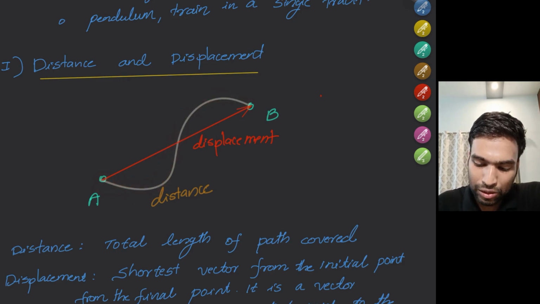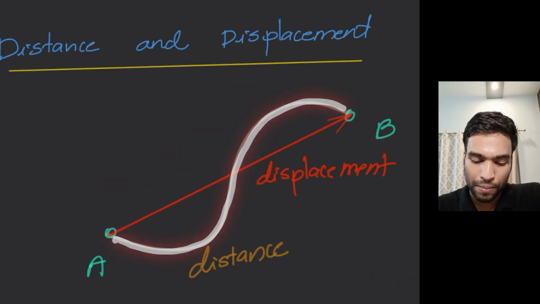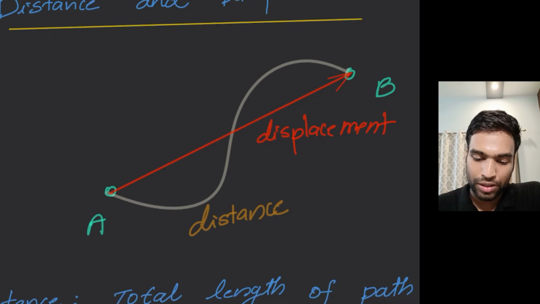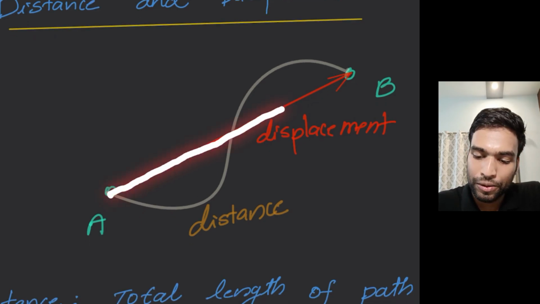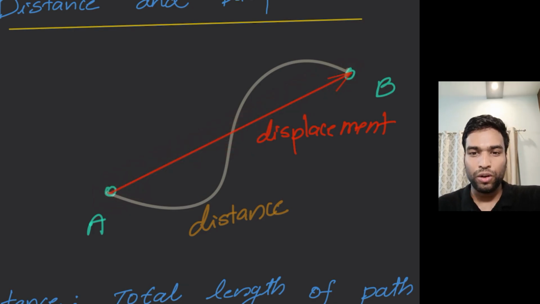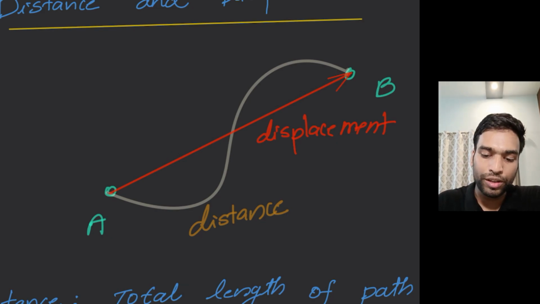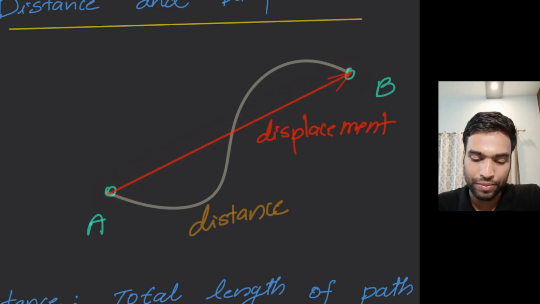The total length of the path covered is the distance. Now, what is the displacement? The displacement is the shortest path from the initial point to the final point. Of course, I cannot walk or run like that, right? Maybe a drone can go in a straight line. So that will correspond to displacement.